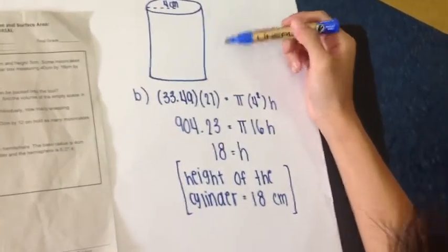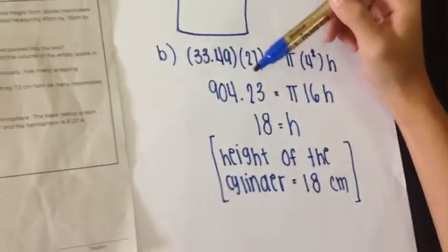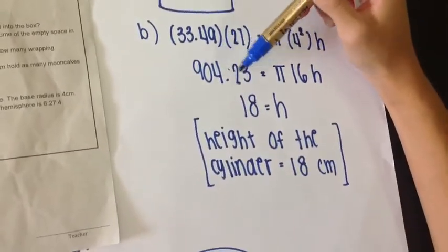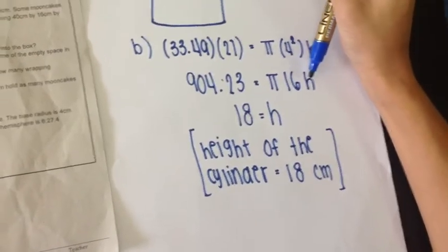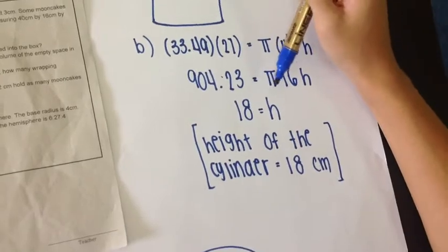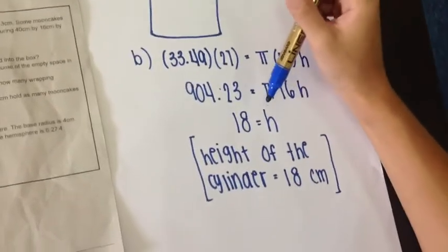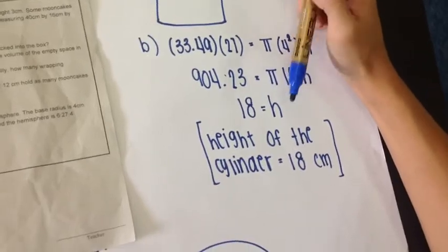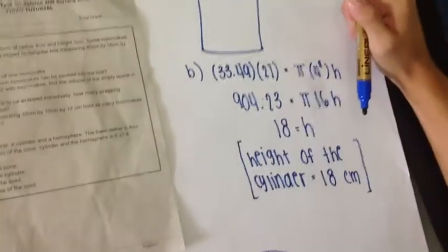The radius of the cylinder is 4, like what was given a while ago. So the volume of the cylinder is 904.23 equals pi 16 times h. Since we're looking for the height, we divide everything by 16 pi, and we will eventually come up with 18 equals height. So the height of the cylinder is 18 cm.